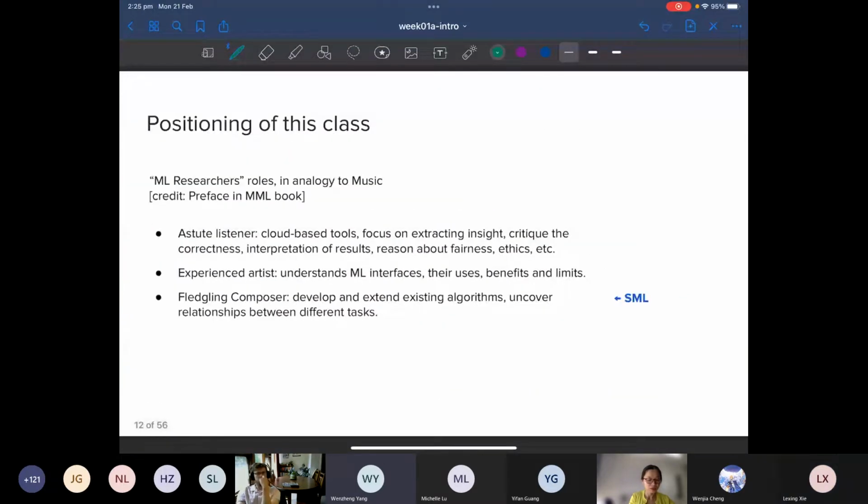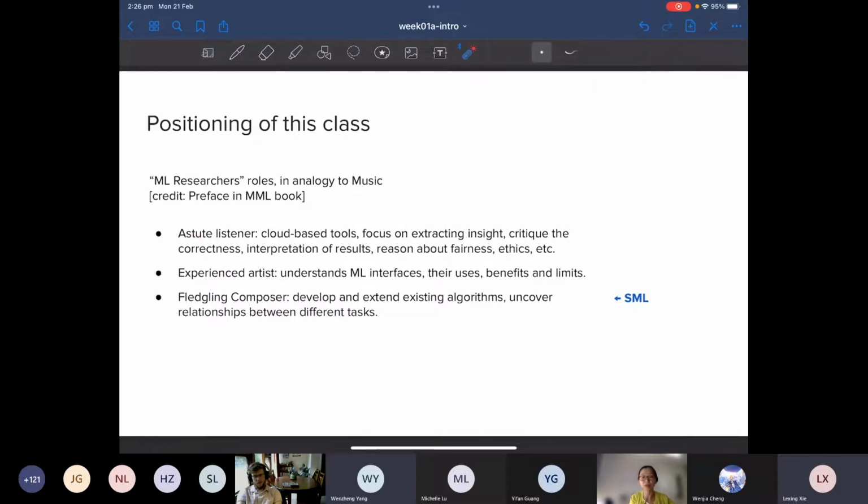So I would like to borrow this blurb in the preface of the ML book to say where this class is positioned, especially if you're new to machine learning. Machine learning is used widely these days, and the starting point for a lot of people using machine learning in practice is analogous, in music, to what's called the astute listener.